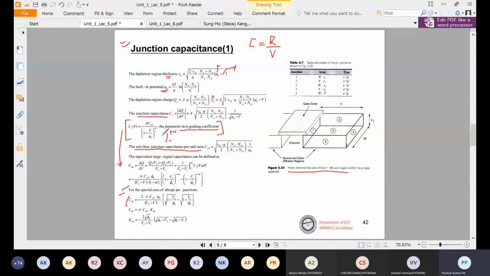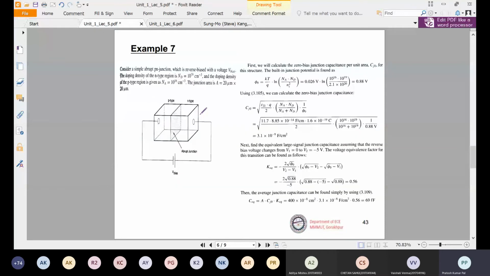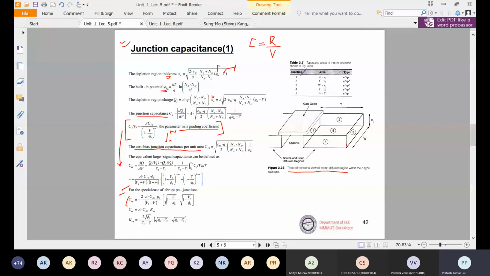So Cj0 is given, and Cj for a particular voltage will be given by this, and all other values are given. Also, just see what the junctions are. These are the different areas, types and areas of PN junctions as shown in the figure. There will be different junctions, because junction capacitances are because of the junction. We consider the faces because we have a term of area.